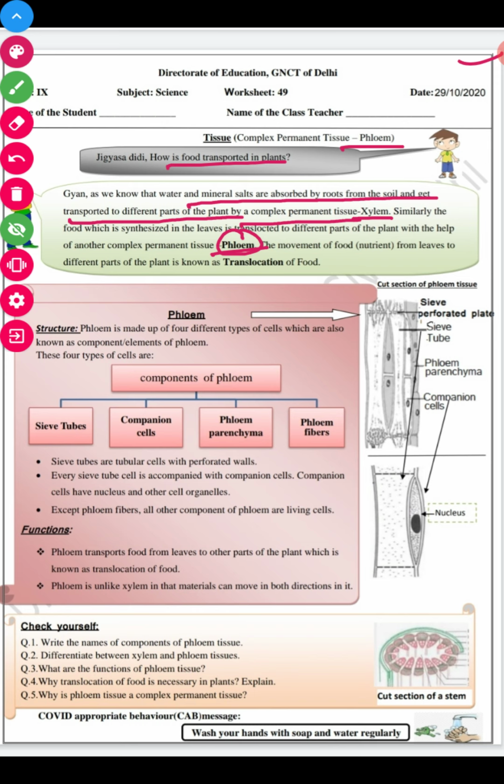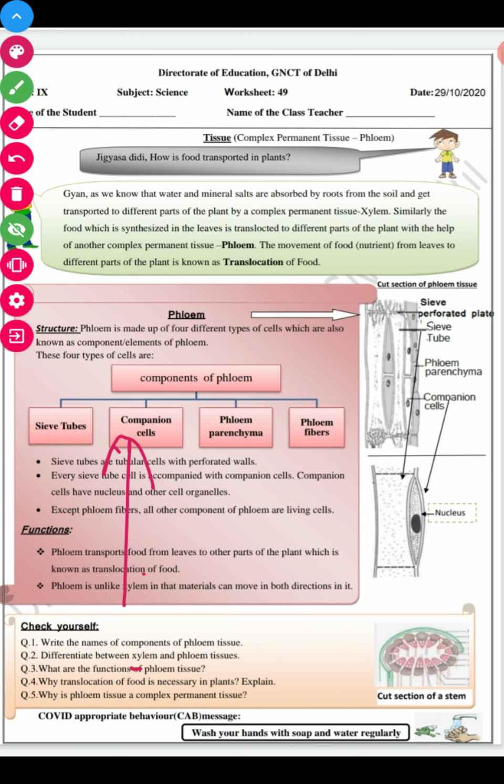I am repeating. See, water and mineral are transported through xylem tissue from soil to the leaves in a unidirectional way, from downward to upward direction, from roots to the leaves.